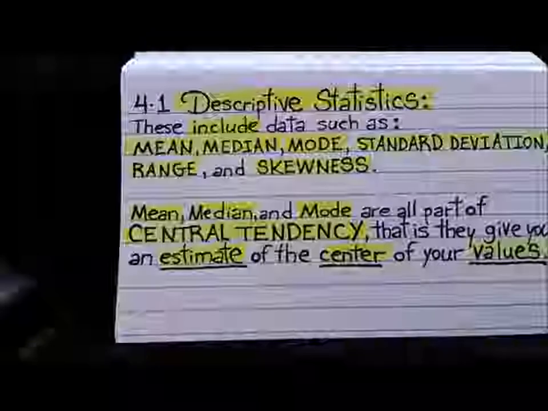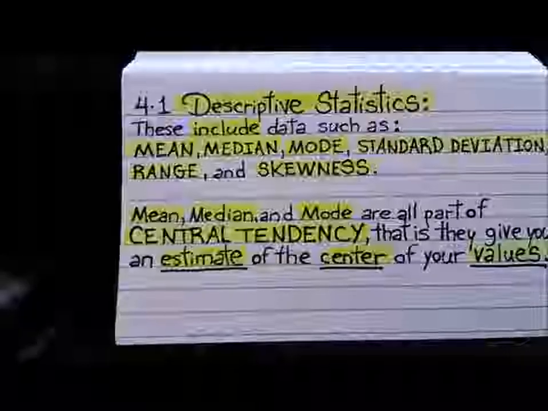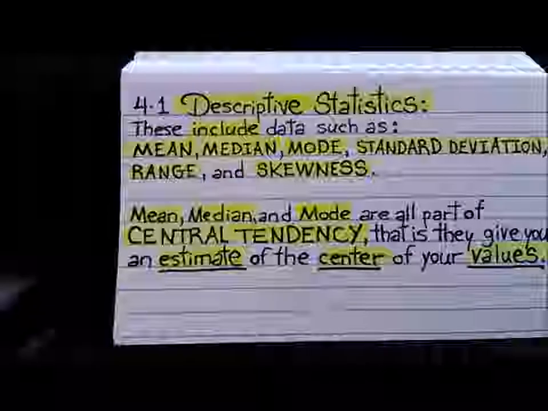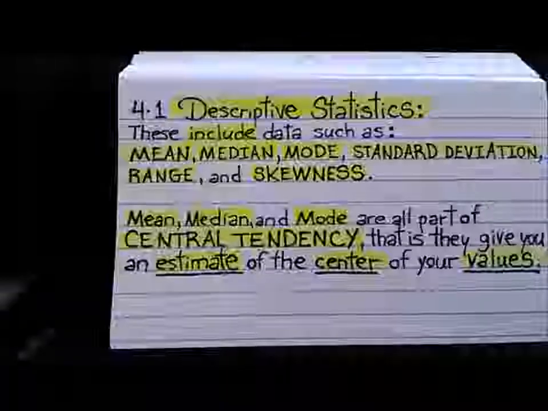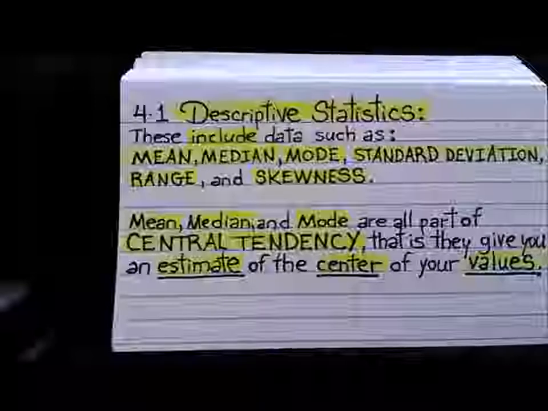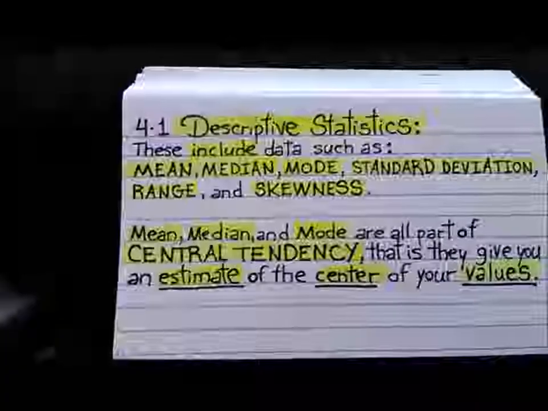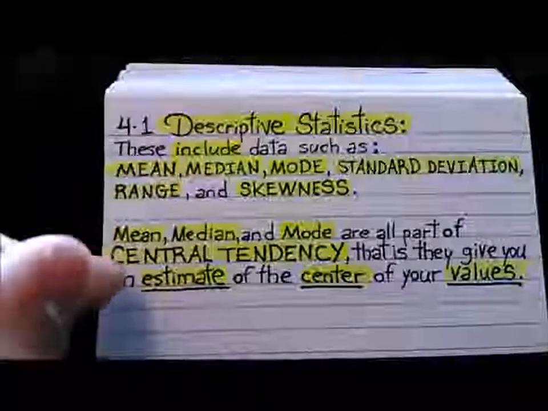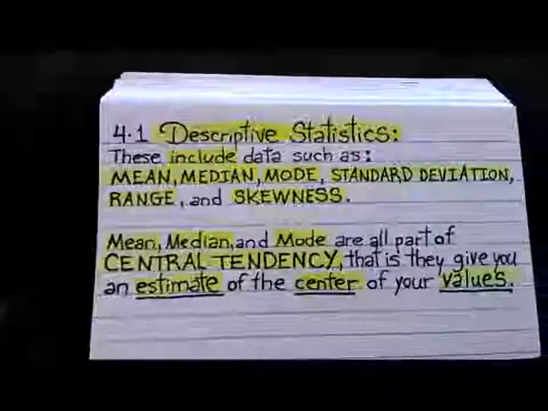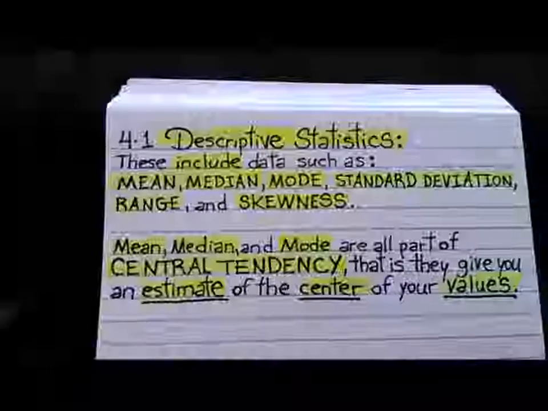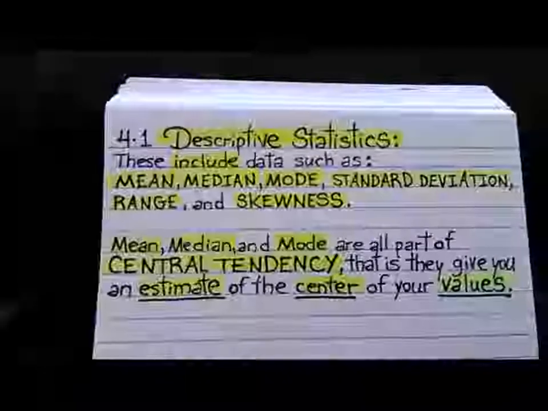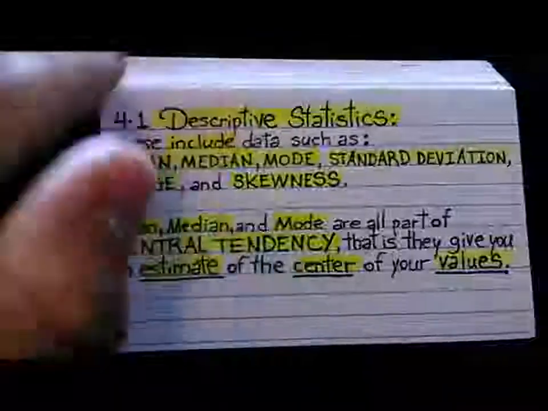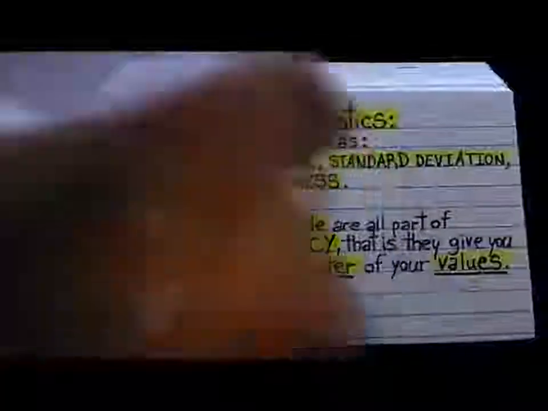Descriptive statistics. These include data such as mean, median, mode, standard deviation, range, and skewness. The mean, median, and mode are all part of the central tendency. That is, they give you an estimate of the center of your values, but they're all descriptive statistics.